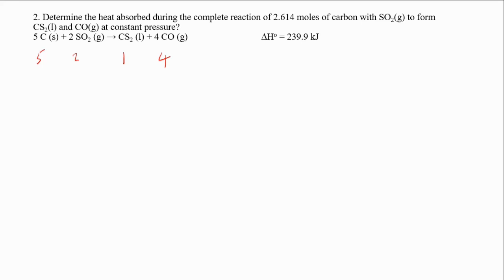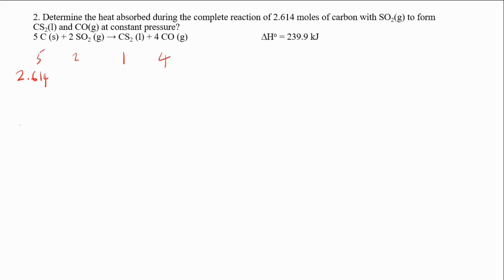Now, the thing is, we don't have 5 moles of carbon. We only have, according to the question, 2.614 moles. Now, based on that, how many moles of sulfur dioxide would react?